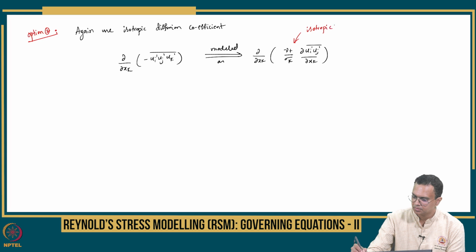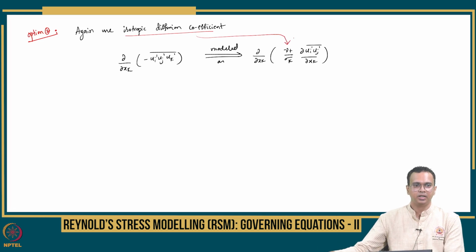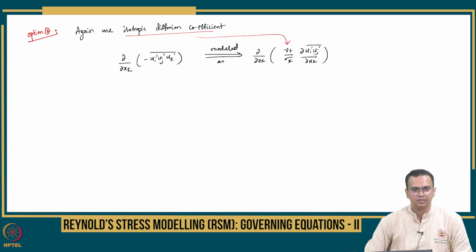Or I can easily say it's already here, nu t. But where do I get nu t here? We are solving for the Reynolds stress model. We can use the same formulation, K square by epsilon, but I don't have to model K here. What is K? Sum of 3 normal stresses divided by 2, that is available to you. So you are computing the turbulence kinetic energy. So mu t is a lot better here, you don't have to model it, but the formulation you can use.